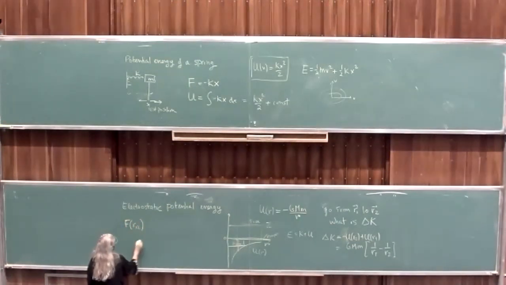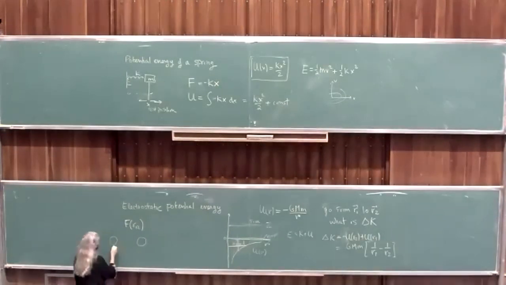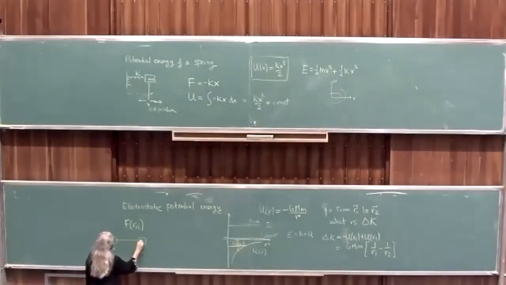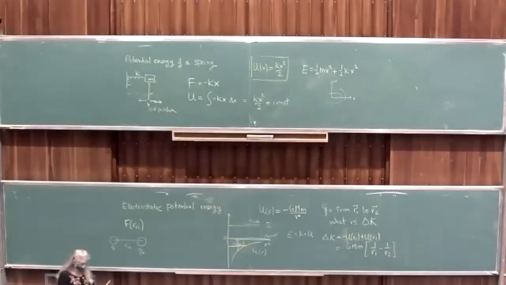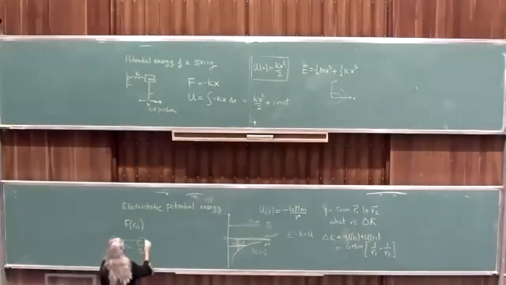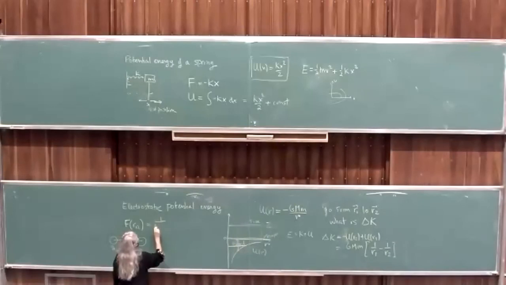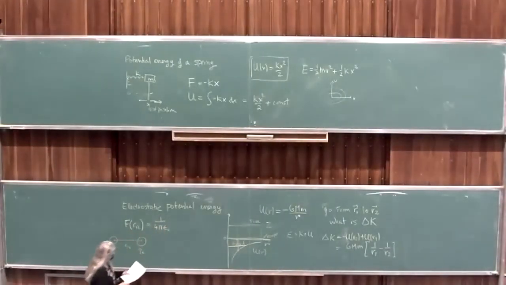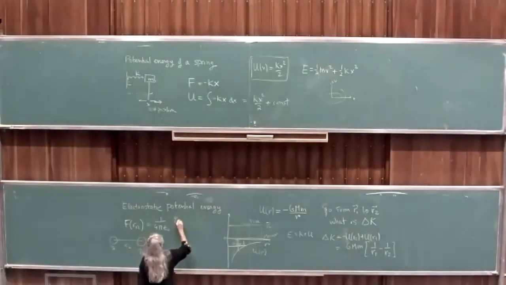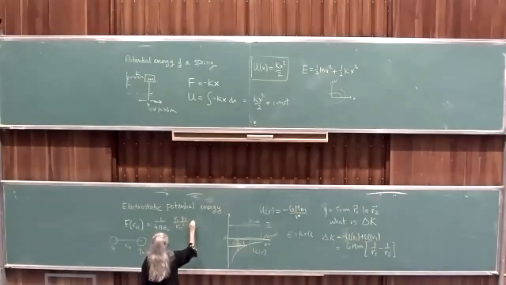So I have two particles. One has a charge Q1 and the other one has a charge Q2, and they're separated by some vector r12. The electrostatic force looks like this, where this is a vacuum permittivity constant: Q1 Q2 over r squared.